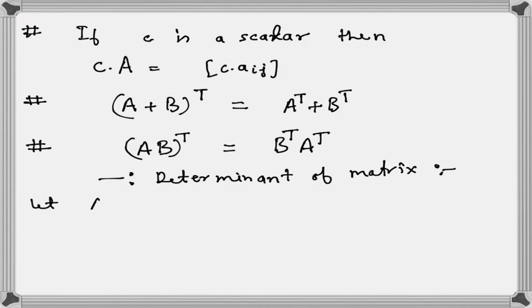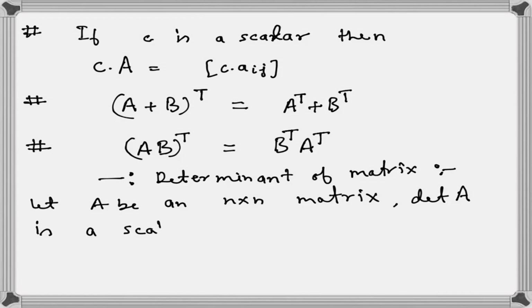So let A be an n cross n matrix, then the determinant of A is a scalar quantity.